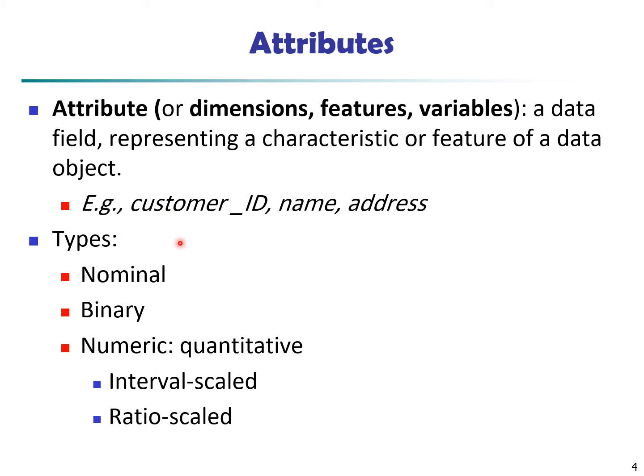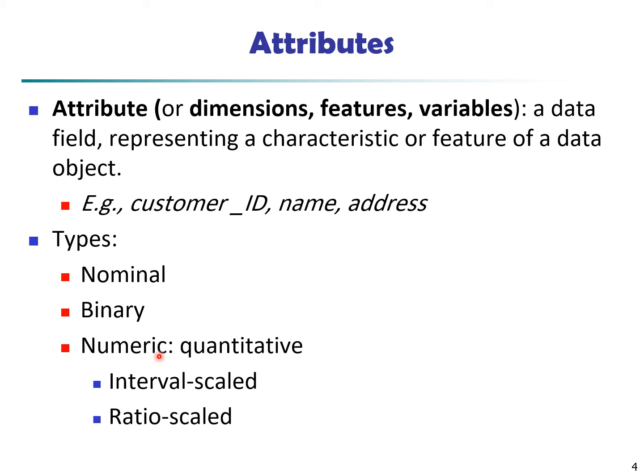Now, attributes have different types, okay? They can be nominal, they can be binary, and they can be numeric. And we're going to explain each one of them in a minute. So we're going to talk about nominal, binary, and numeric.